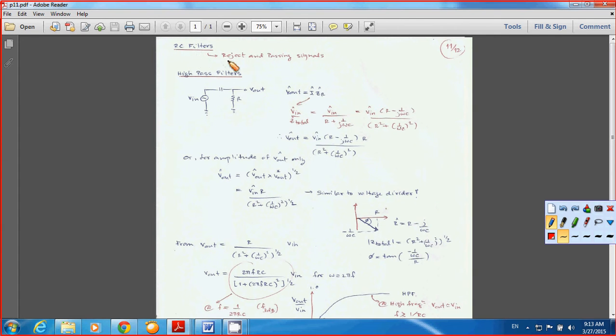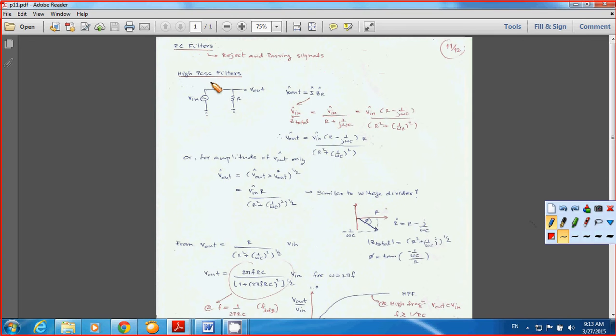Filters mean you design a circuit that can reject or allow signals to pass. As there you have the input signal here, you make it go to the filter circuit, and you get the output as you desire.